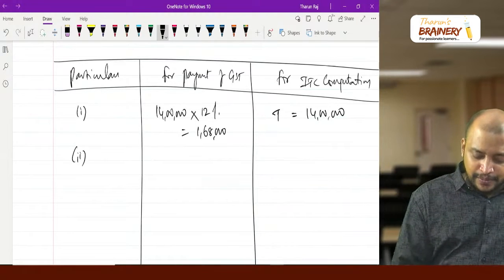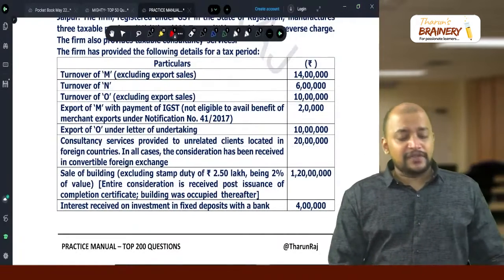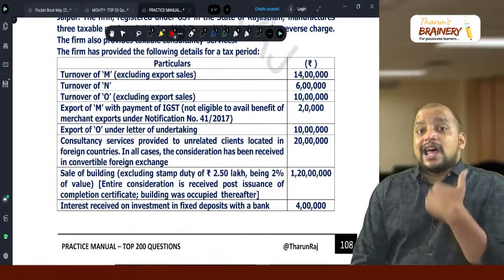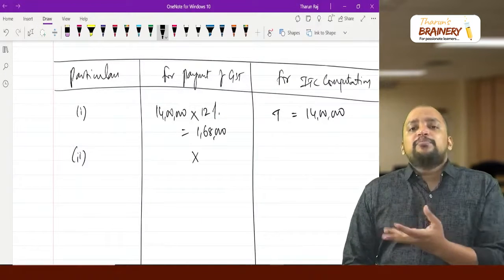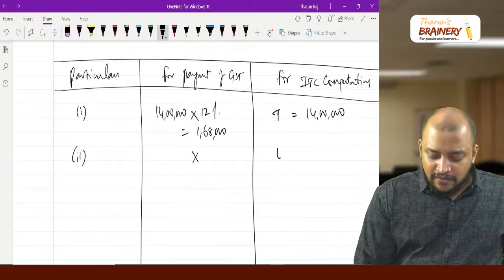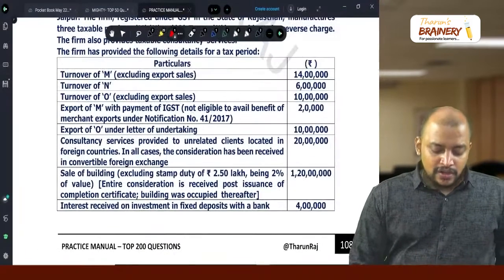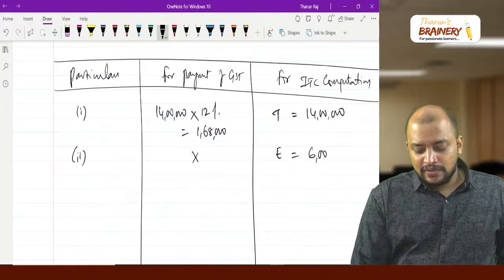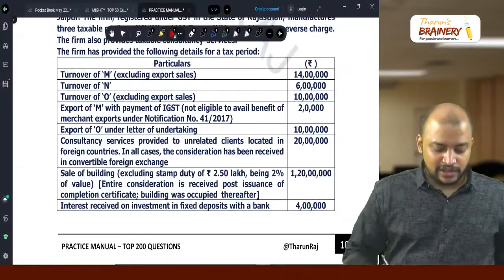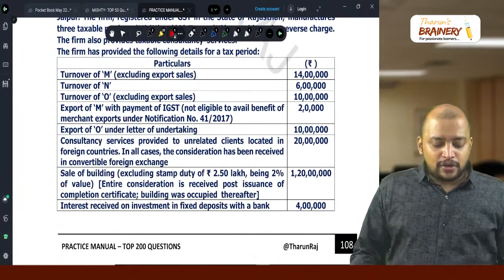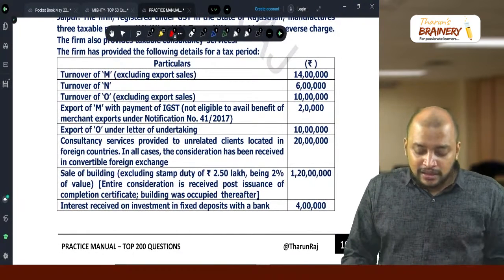Then number 2, turnover of N. N is covered under RCM. Therefore, we will not pay GST, but it will be treated as exempted for ITC computation. So 6 lakhs will be taken as exempted. Next, number 3, the third transaction: export turnover of O is taxable, 10 lakhs.